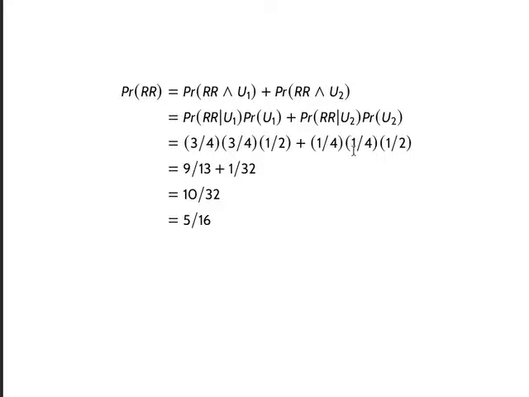And here, because we know there's only 1 out of 4 red marbles and each draw is independent, we simply multiply 1/4 times 1/4. So here we filled in all the particular numbers, and the rest is just a bit of mathematics. And we simplify and we get that the probability of getting two reds is 5/16, and that is the answer from the beginning. And here we've worked out in more detail.